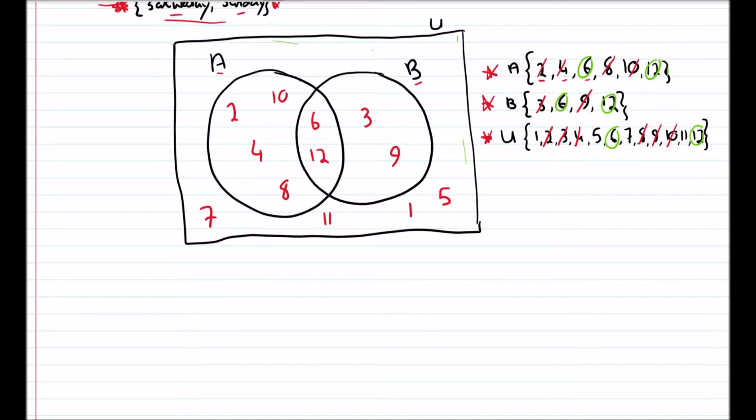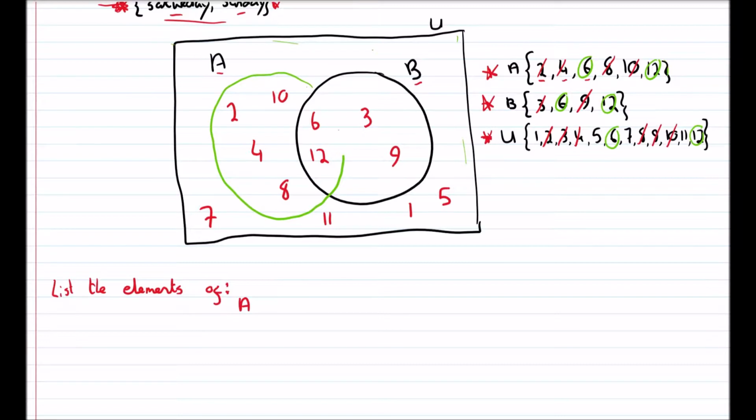The next thing we could be asked is, we could be given a Venn diagram and asked questions about it. So if they said, list the elements of A. Well, A is here. So anything in A I can list.